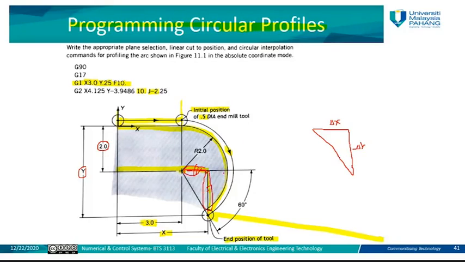So we need to do some calculation based on this angle that you have, 60. From the 60 angle, you can find cosine 60, which is delta x, adjacent over hypotenuse. This line we already know is 2.25, because 2 is the diameter plus the 0.25 from the radius of the tool.